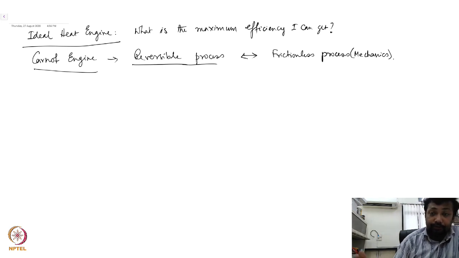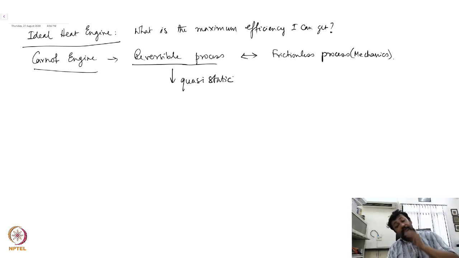Since reversibility implies equilibrium, this necessarily means that the process has to be quasi-static. All reversible processes are quasi-static processes, but the reverse is not generally true.